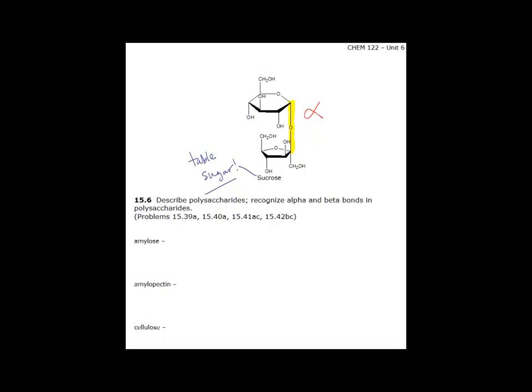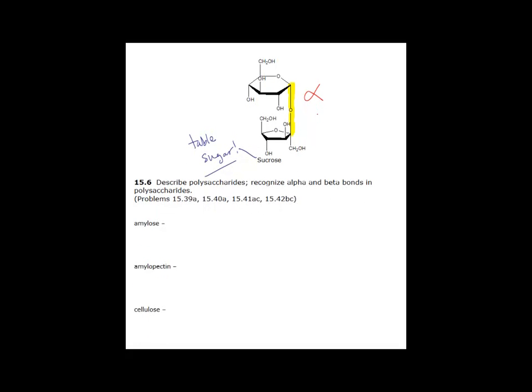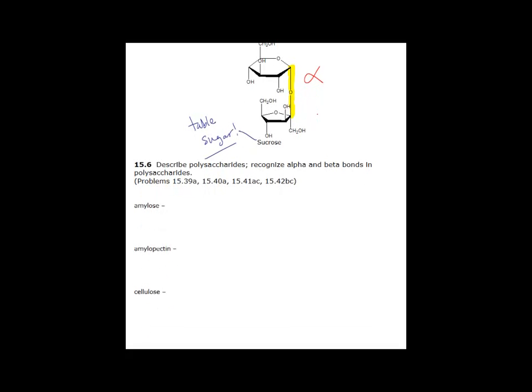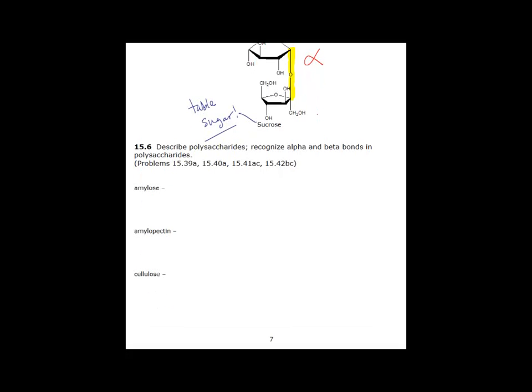Now, with polysaccharides you need to know how to do the same thing. Amylose, amylopectin, and cellulose. These are the polysaccharides that we want you to be familiar with. Amylose and amylopectin are found in starch, so potatoes and corn. So after you've eaten a lot of mashed potatoes for the holidays, perhaps you have a lot of amylose and amylopectin.